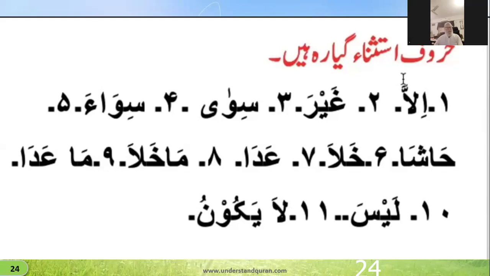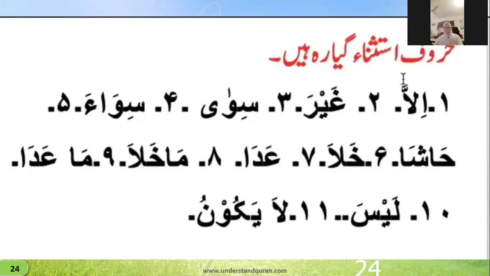When they come, they separate the word from its badal, badal kul, badal baad, badal istishmal, or badal ghalt. So there are four categories of badal.